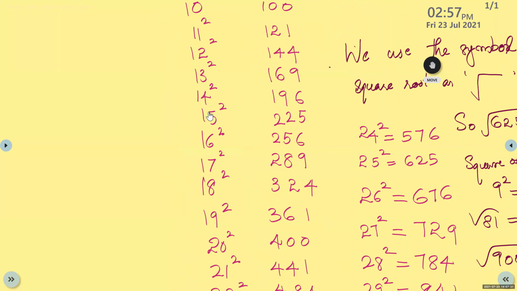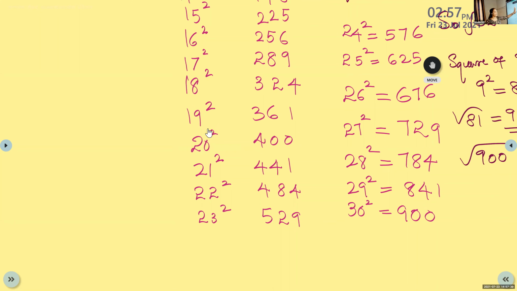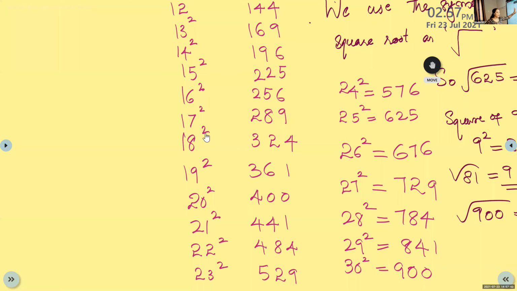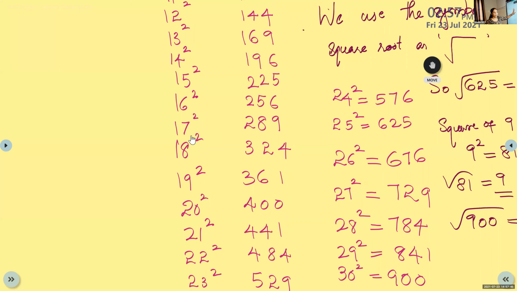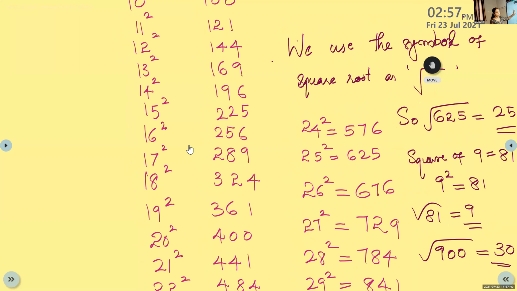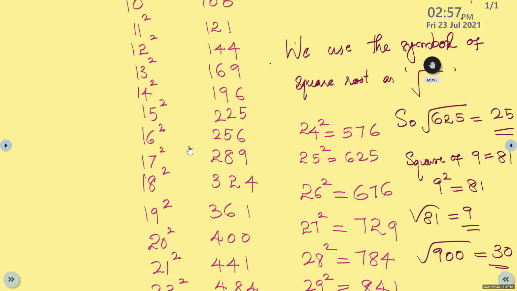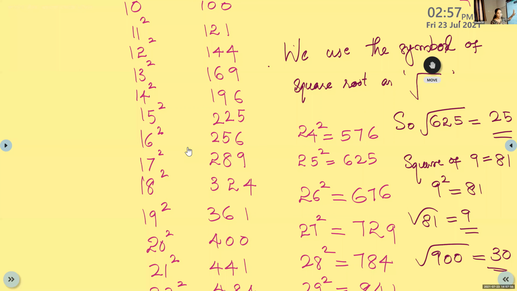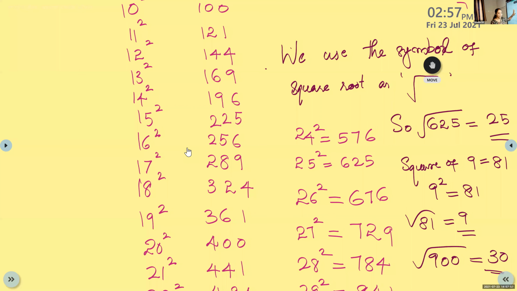Next. Again, 1, 4, 9, 6, 5. And in between 0 also. Okay, children. Now look at here, 24 square. What are the unit digits? 6, 5, 6, 9, 4, 0, 1, 0.